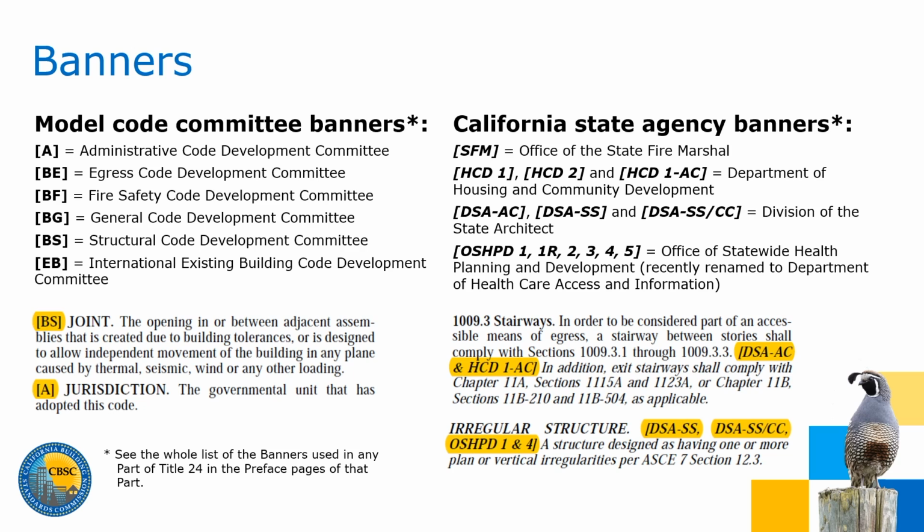That the Division of the State Architect and Department of Housing and Community Development have adopted Section 1009.3 and added to it based on their authority and the state status behind the provision. Division of the State Architect and Department of Health Care Access and Information developed and adopted the definition of irregular structure.